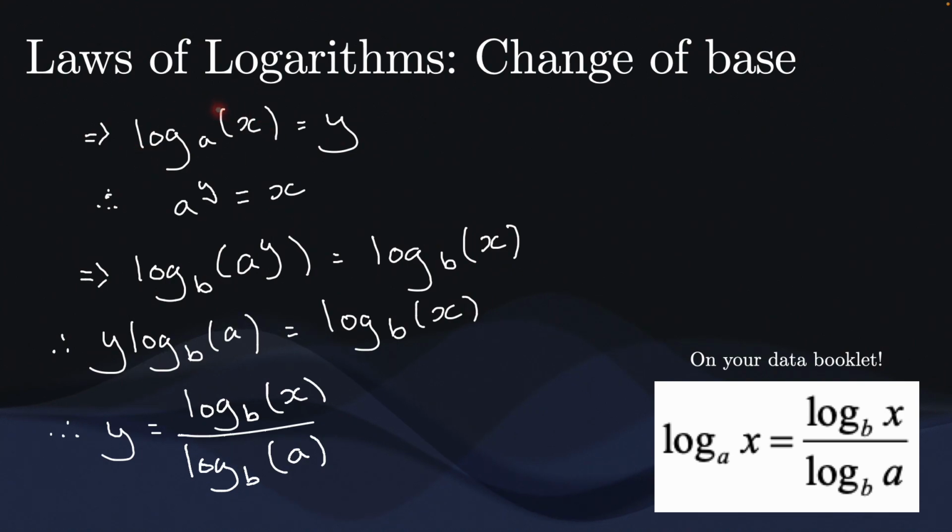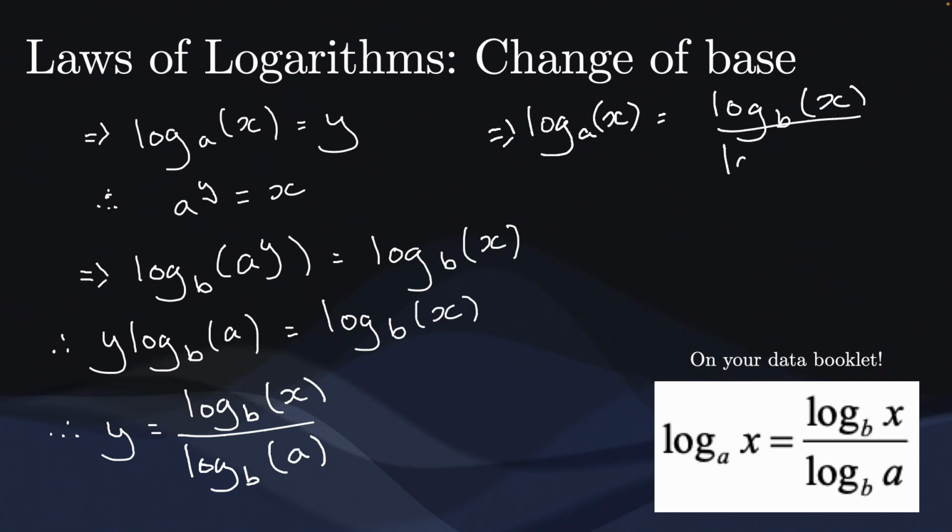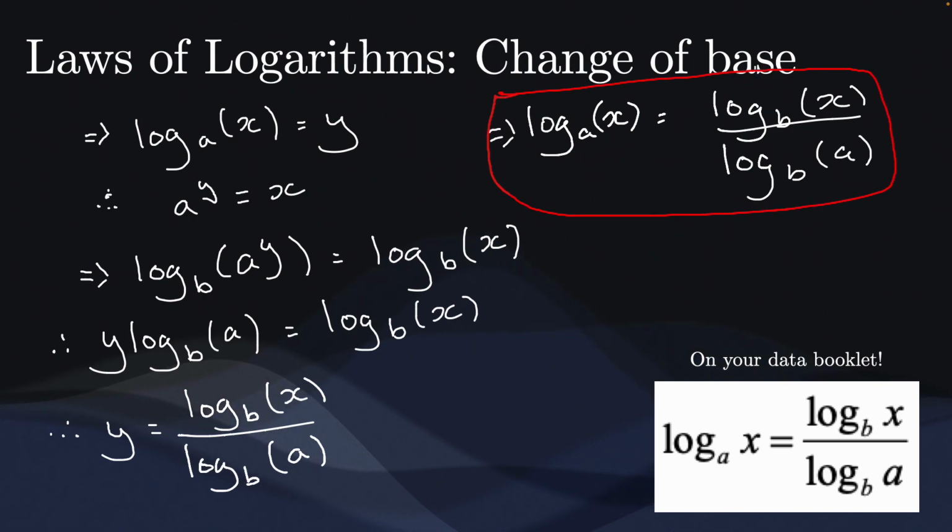Well, we said y was equal to log base a of x. So therefore, we can say that log base a of x is equal to log base b of x divided by log base b of a. And that is the change of base law. And that's given to you in your data booklet.